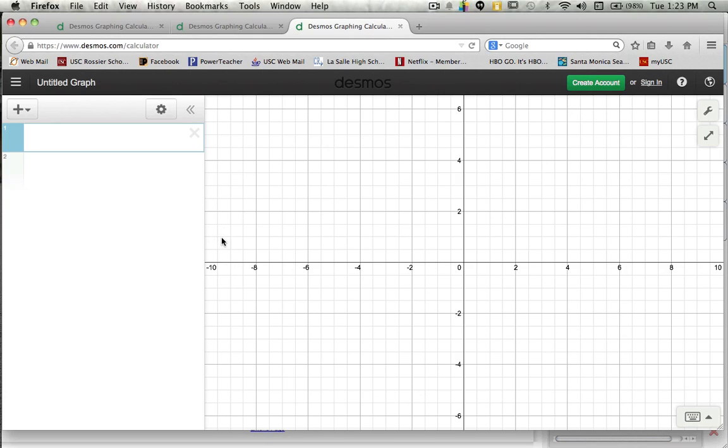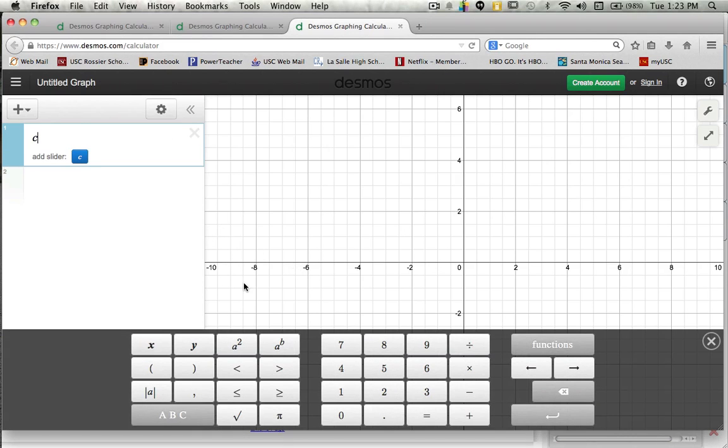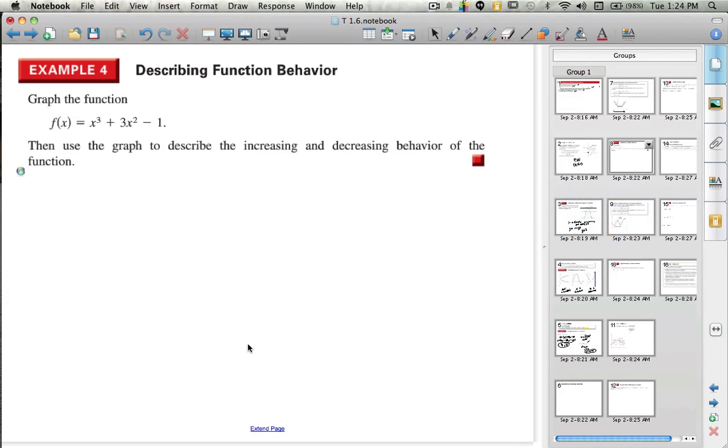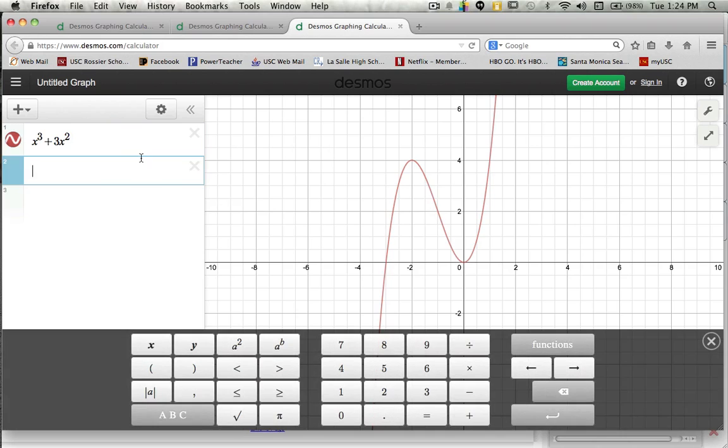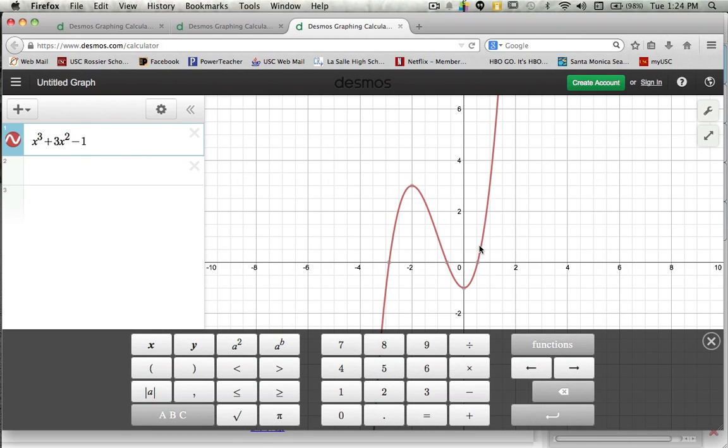So I'm going to do x to the third power, plus 3x squared. And I forgot the constant. It was minus 1. And here's my graph.